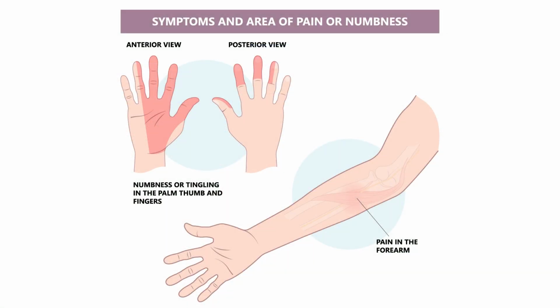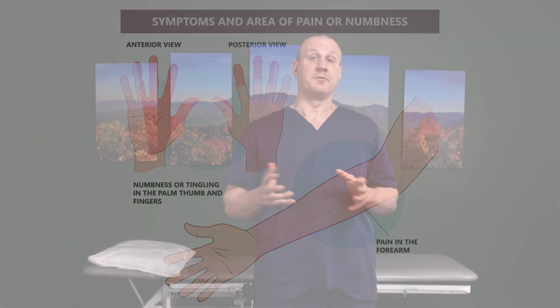Any time a muscle has two heads where a nerve can pass, it can not only lead to pain from the muscle itself, but it can cause a mononeuropathy or compression of a particular nerve. In this case, the anterior interosseous nerve, which is a branch off of the median nerve.